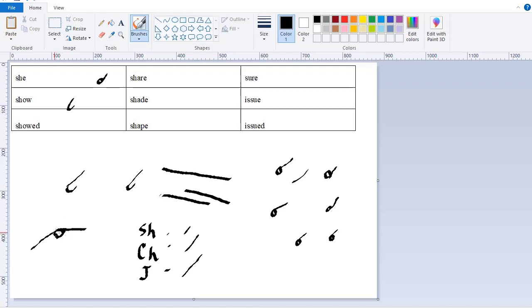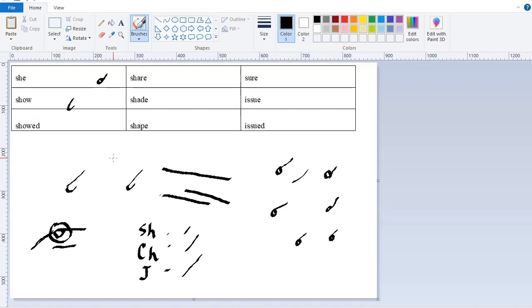But that is what I am saying. Since it is an upward slanting line, the next stroke should be up, right? But if you look at show, the next stroke is below. Okay?